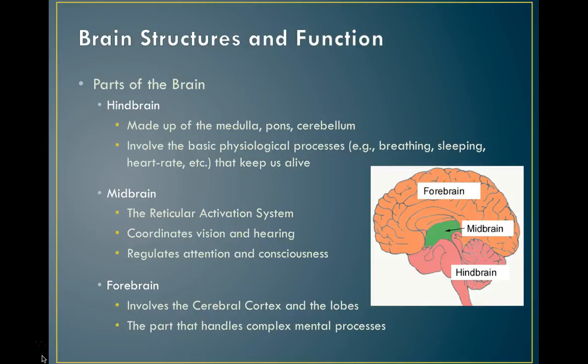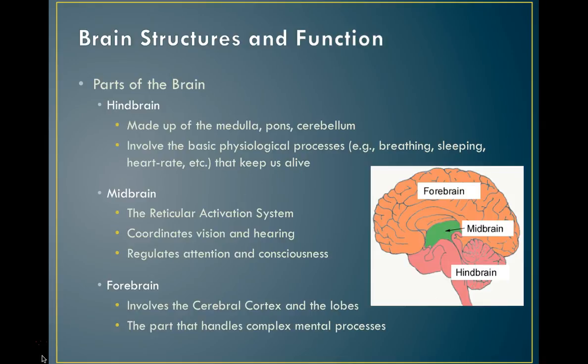So an injury to the hindbrain can be deadly. The midbrain area is where the reticular activation system is stored. One of the big jobs for this part of the brain is to coordinate our vision and our hearing, and it also helps us to regulate attention and consciousness.